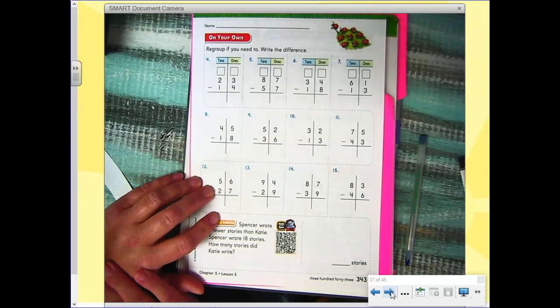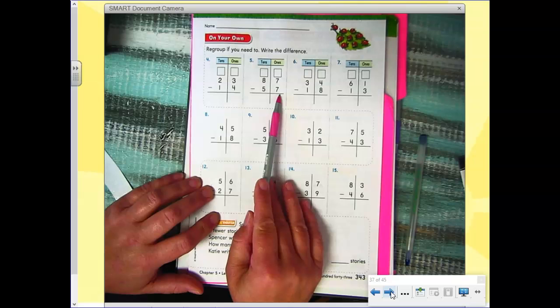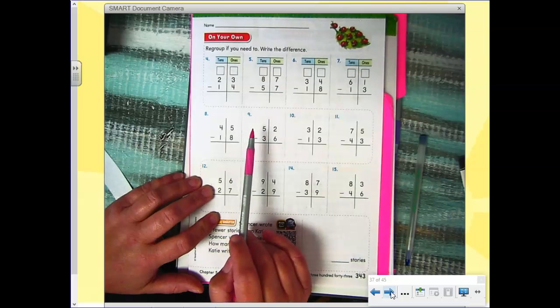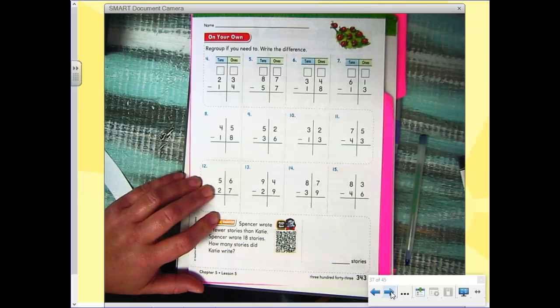To help you, look right here, 7 minus 7. Which number's bigger? It's the same. What's your answer if the numbers are the same? 0, that's right. But most of the time one will be bigger than the other.